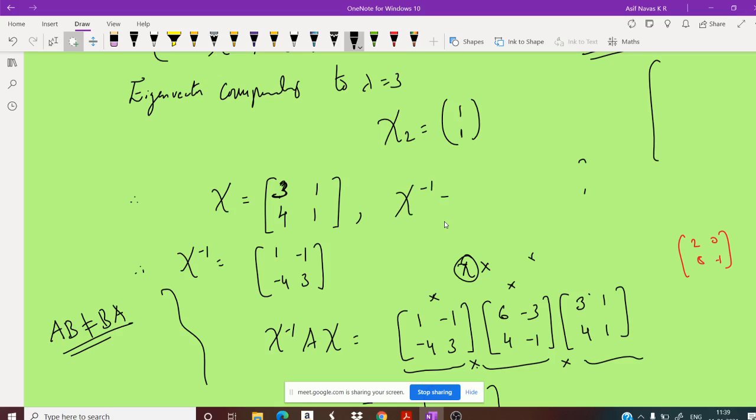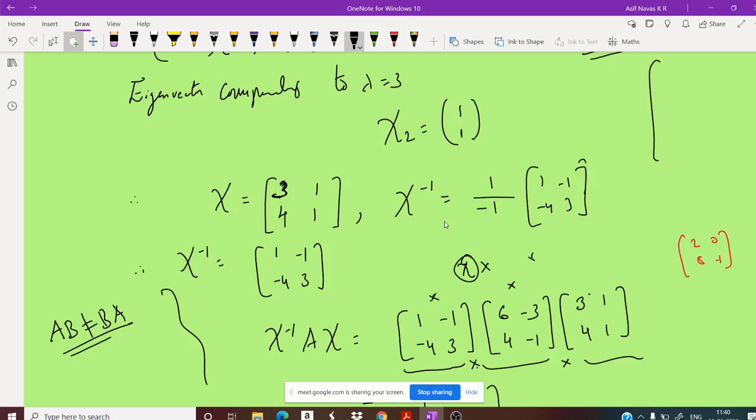Inverse is 1 by determinant of A. Oh, okay. There is a mistake, right? Determinant of A is 1 by -1, 1 by determinant of A is there. Then adjoint of A is 1, 3, -4, -1. Right? So there is a mistake here.